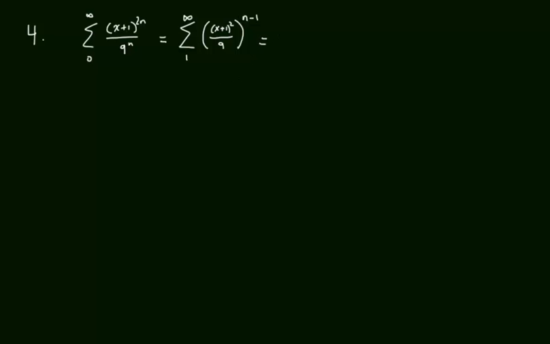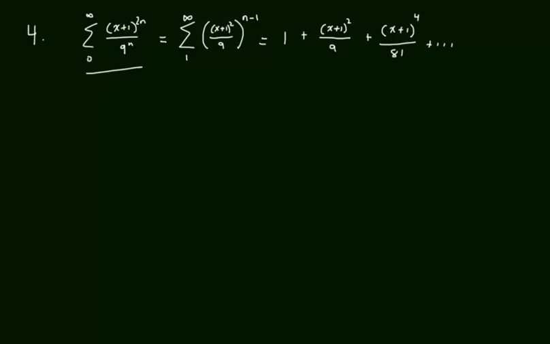First couple terms. First term would be 1. The second term would be x plus 1 squared over 9. The next term would be x plus 1 to the power of 4 all over 81 plus dot dot dot.